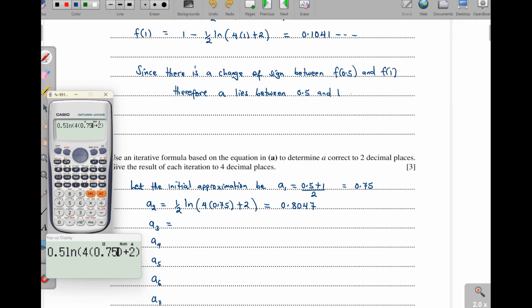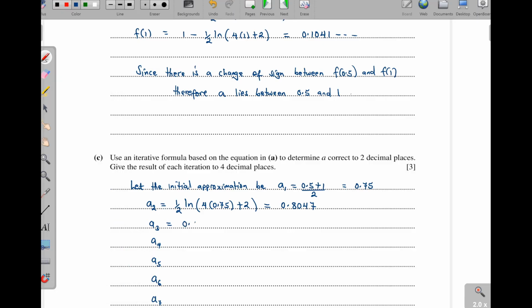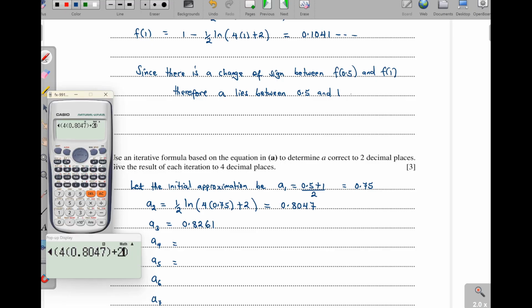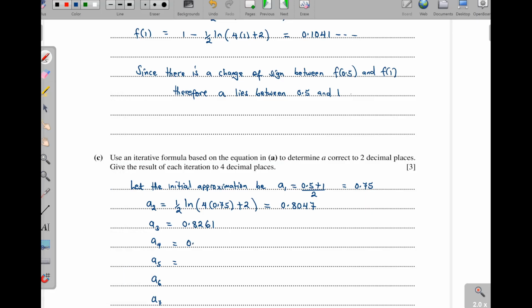So I will come to this one where there is 0.75, I'll put 0.8047. And then we get 0.8261. We continue, then I'll come back here, 0.8261. We have 0.8343. Not so?